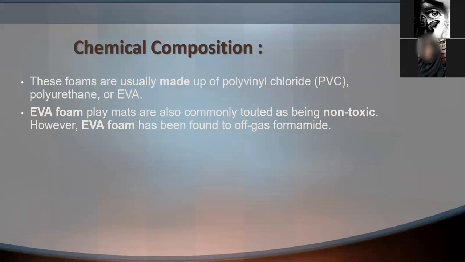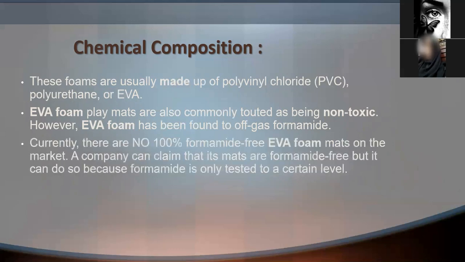However, EVA foam has been found to off-gas formamide. Currently, there are no 100% formamide-free EVA foam mats on the market. A company can claim that its mats are formamide-free, but it can do so because formamide is only tested in a certain line.